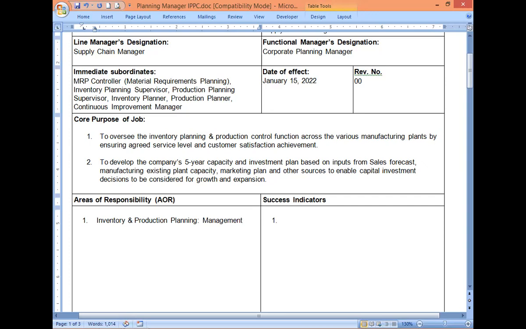Management of the inventory and production. Planning to ensure finished products.